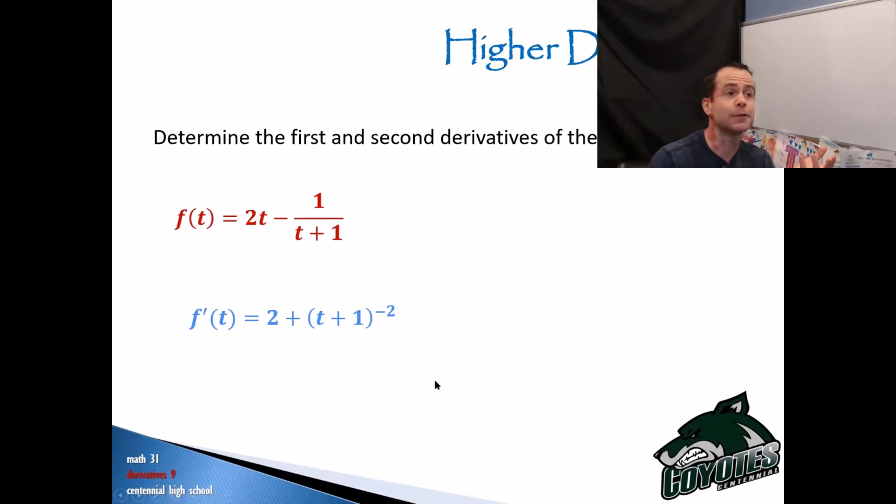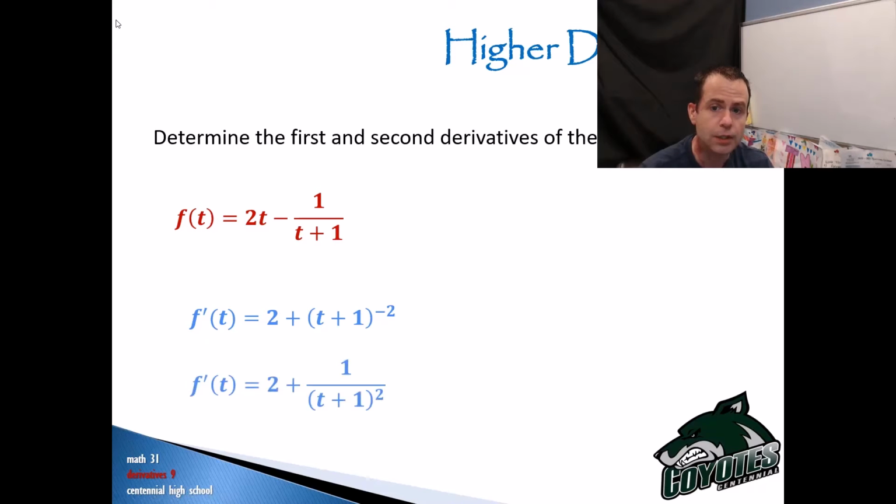I don't want you to get confused with implicit differentiation that we did in the last lesson. The issue there was we had to take the derivative of the output, not the derivative of the input. Now, to leave this as the first derivative, you would want to write the t plus 1 to the negative 2 as 1 over t plus 1 squared, just because you can't answer with a negative exponent.